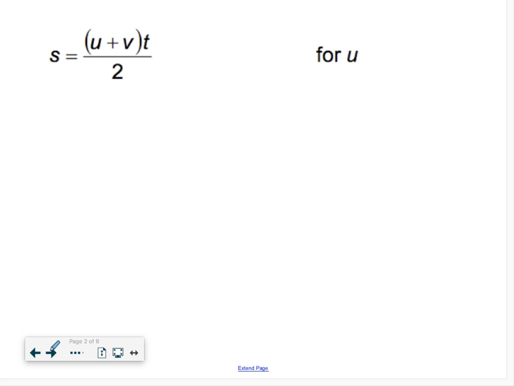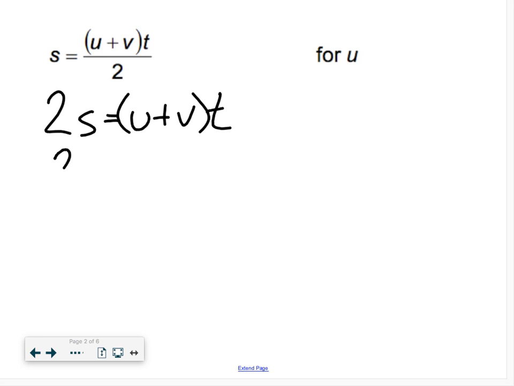Next, looking at this one, solving for u. Remember when I first started to talk about fractions, I said you could assume that the whole thing was like a big bracket, top and bottom. So the first thing we want to do is get rid of this 2 because it's on the bottom, and then I just have the top left. So multiply the 2 over. We have 2s equals t times (u plus v). That's in brackets, so the last step I'm going to do is divide by t.